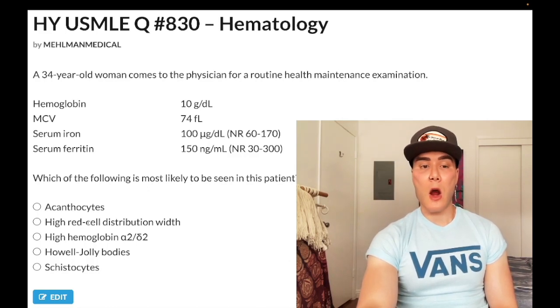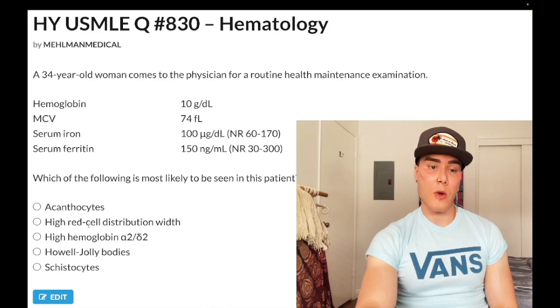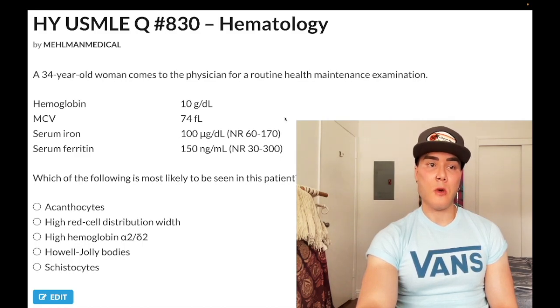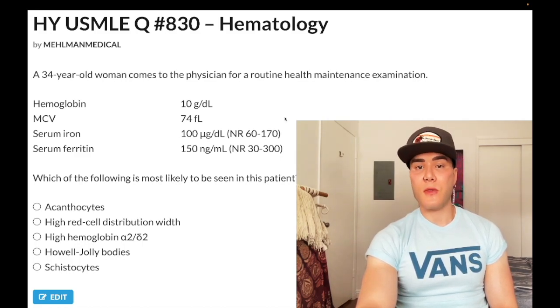Choice B, high RDW, red cell distribution width, wrong answer. So this is going to be iron deficiency anemia in USMLE, okay? So the distribution of our cells in terms of the size of the RBCs, all you need to know, okay? You're going to get a big question, have no idea what's going on. All you need to know is if they tell you RDW is not elevated, you can say, cool, not iron deficiency anemia.